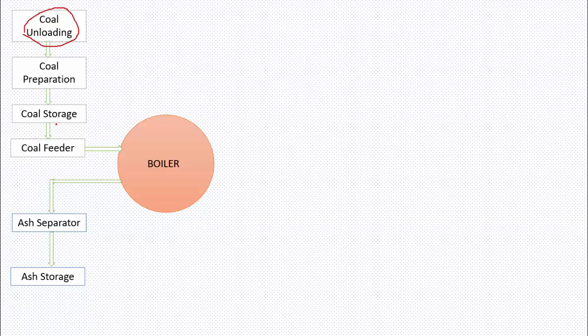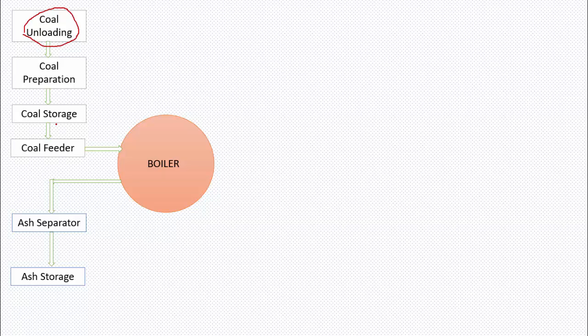That ash has to be separated. There are several ash separating techniques like the hydraulic system, that is pouring the ash in the running water, like that. Hydraulic system, electrostatic precipitating system, mechanical system. So there are plenty of techniques available to separate the ash, which we will see in the further units, right?